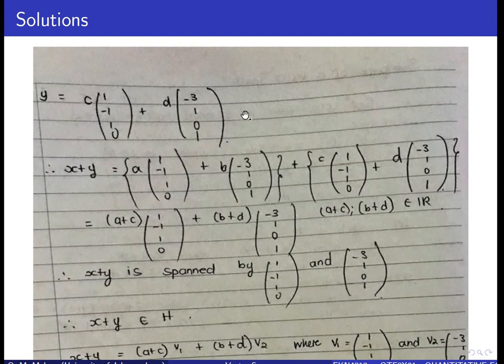So that's how I will show closure under scalar multiplication. Alternatively, you can multiply this x plus y by k. You get kx plus ky, and then you will prove that kx plus ky is in H, which is sufficient to say that we have achieved closure under scalar multiplication.